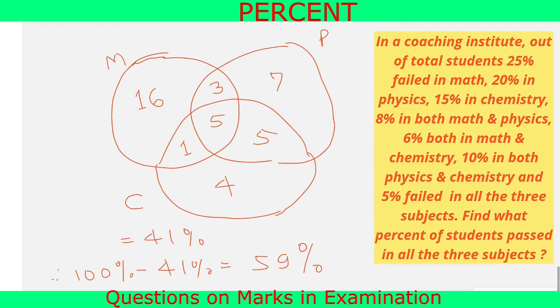This way we can easily solve it by Venn diagram method and can find the number of students passed in all the 3 subjects.